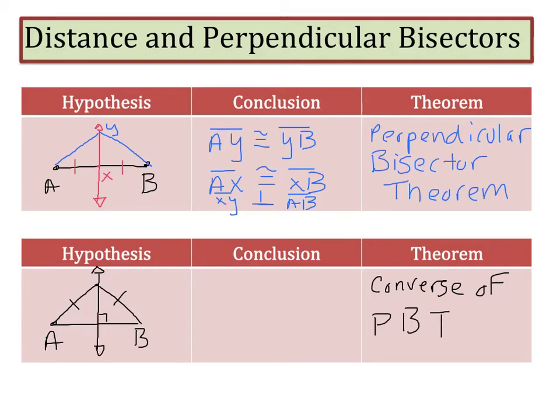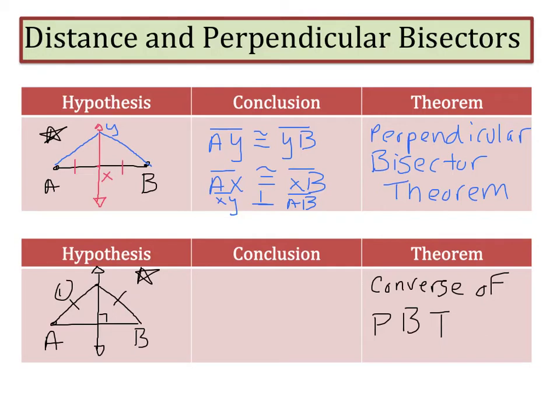So the first thing you know is that they're equidistant, and then you know that's on the perpendicular bisector. Here, the first thing we know is that it's on the perpendicular bisector. For this one, all we know is that they're equidistant first.